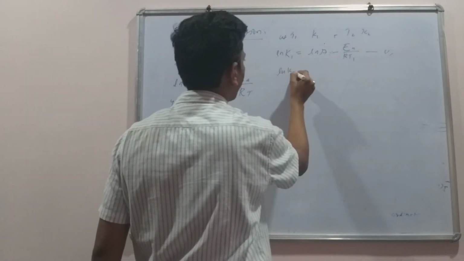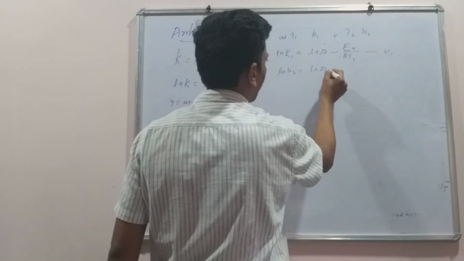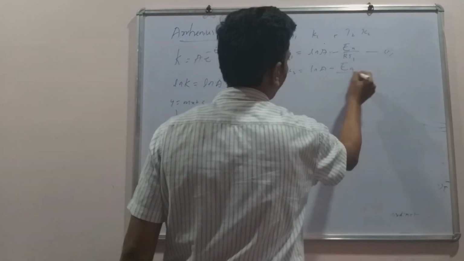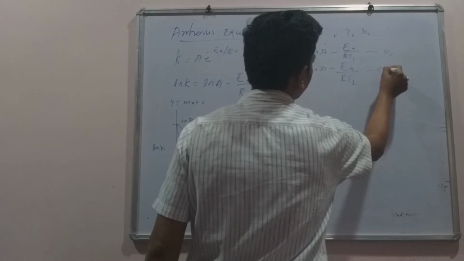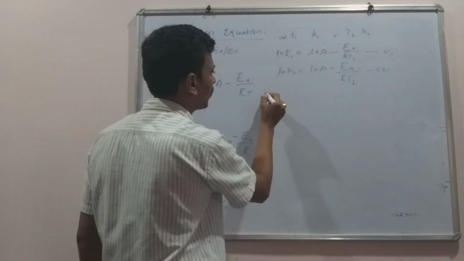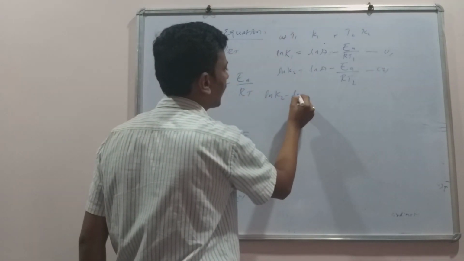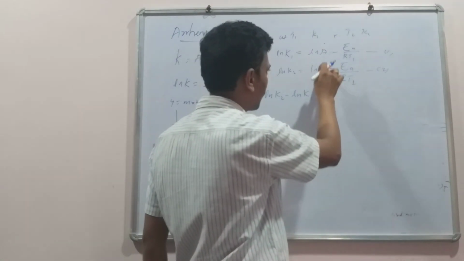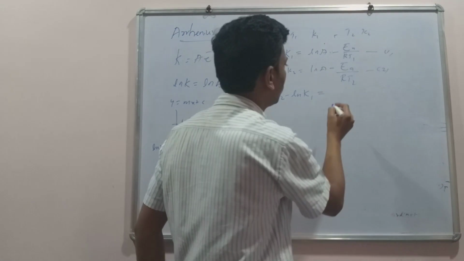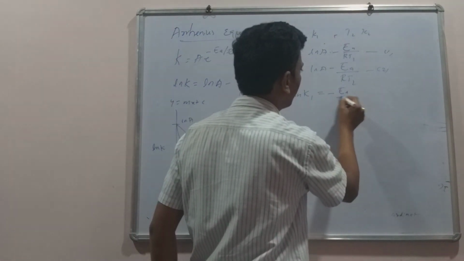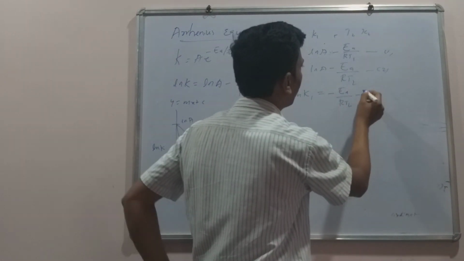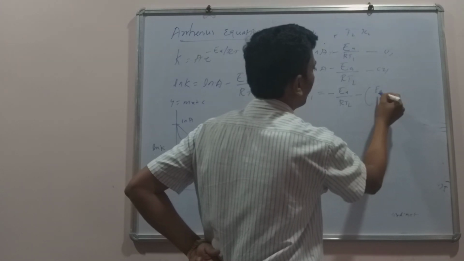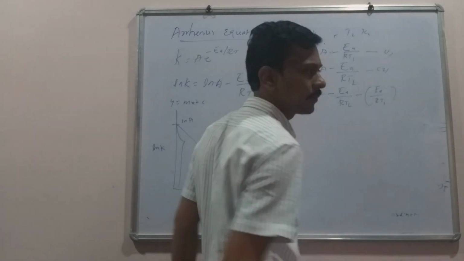And ln k2 is equal to ln A minus Ea upon R T2. From these two equations, ln k2 minus ln k1 is equal to ln A minus ln A, which will be cancelled, minus Ea upon R T2 minus of minus Ea upon R T1.